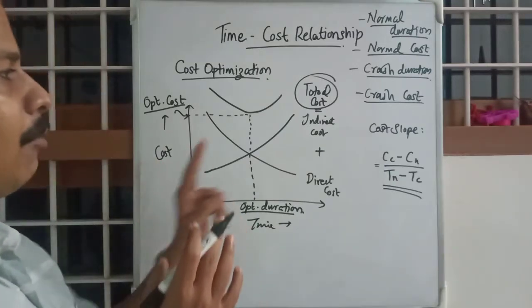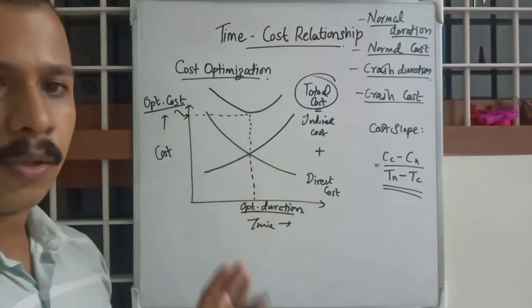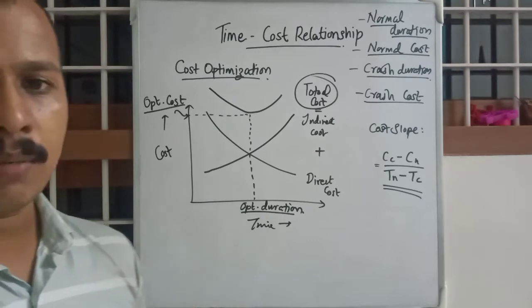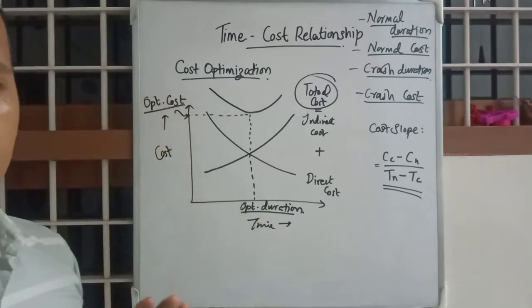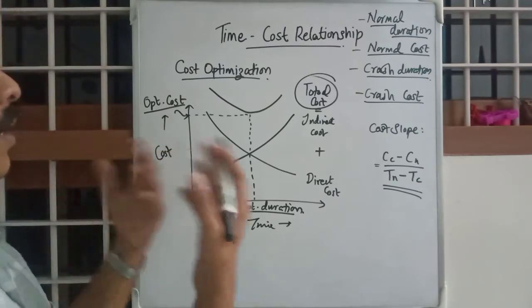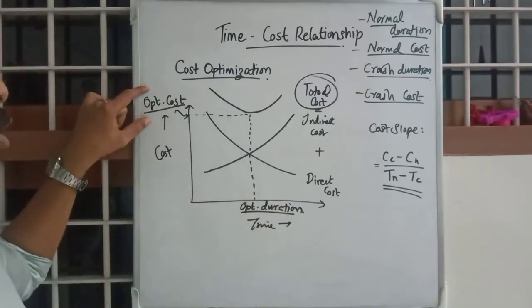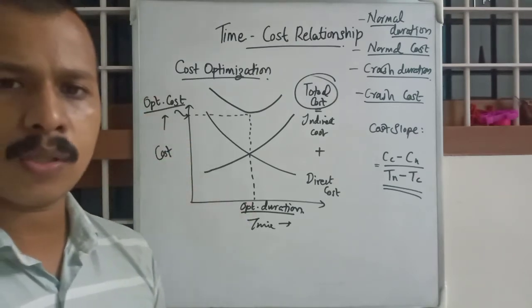If you have the direct cost flow and indirect cost flow, you can find the optimum cost and the optimum duration by which it can be completed. Obviously that is beneficial for us. Suppose we are in charge of doing this project, you obviously will be choosing the optimum cost value because that is the least costing for us.